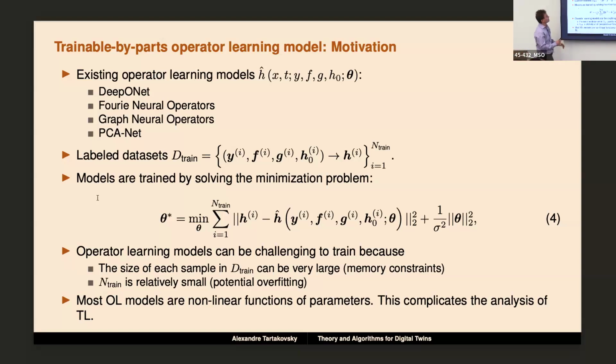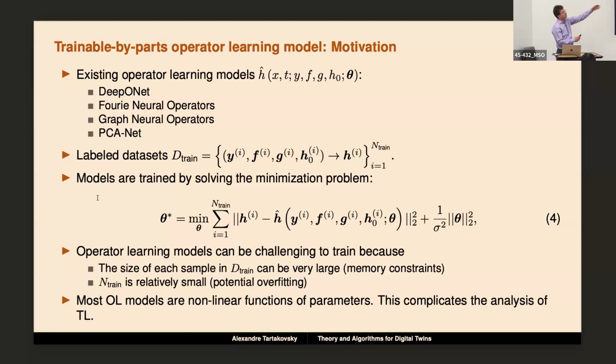All these methods require a labeled data set, which we denote as D train. It consists of the samples of the control variables and the corresponding PDE solution. N train is the number of the samples.